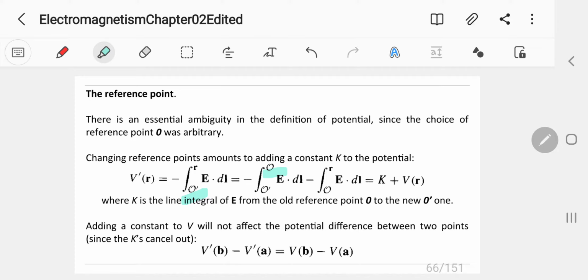So this was actually VB plus K, and your VA here would be VA plus K, some constant, and that would just cancel, so that you are still measuring the potential difference at 2 points to be equal.